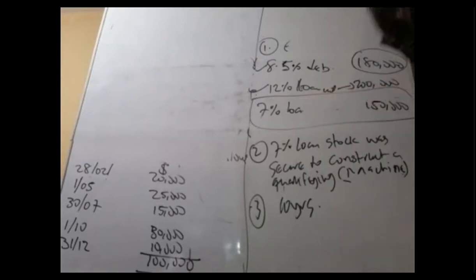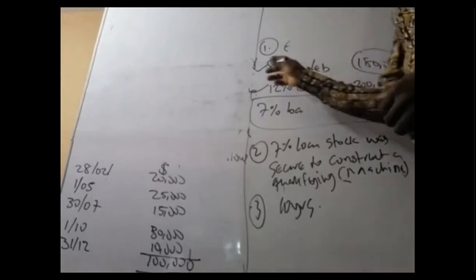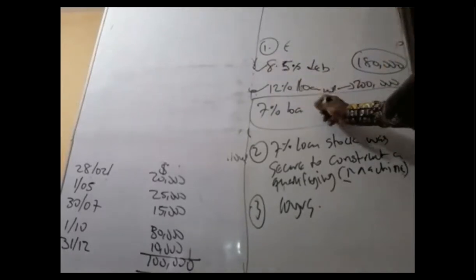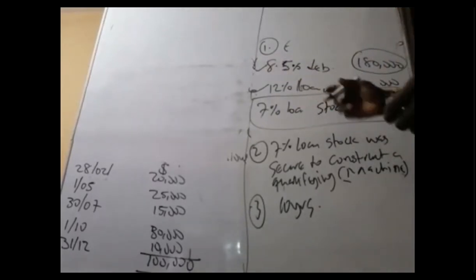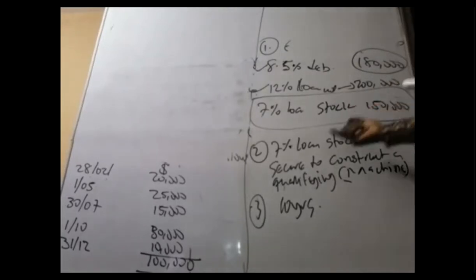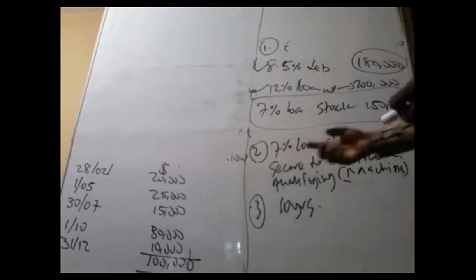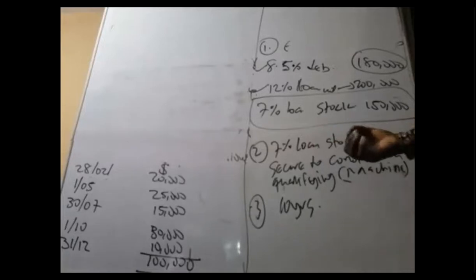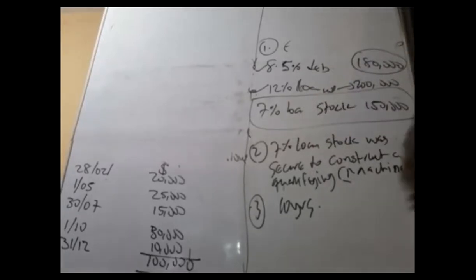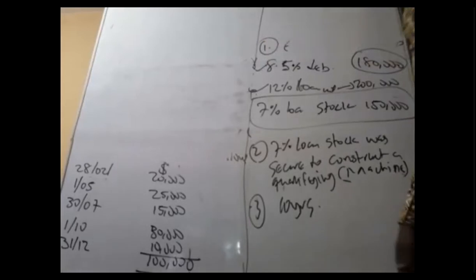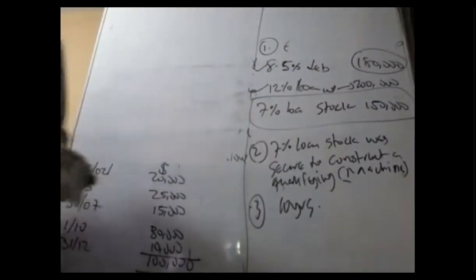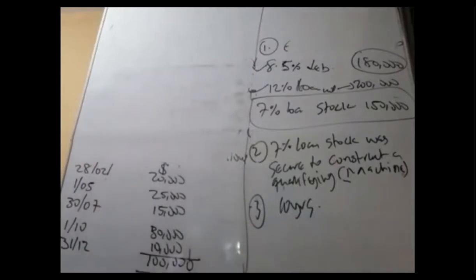So it means that in calculation of the weighted average, I will not include the 7% loan stock. Why? Because according to note 2, it was stated clearly that it was secured for another qualifying asset. So I cannot use it for this purpose. That is all. So this is what we have to do.